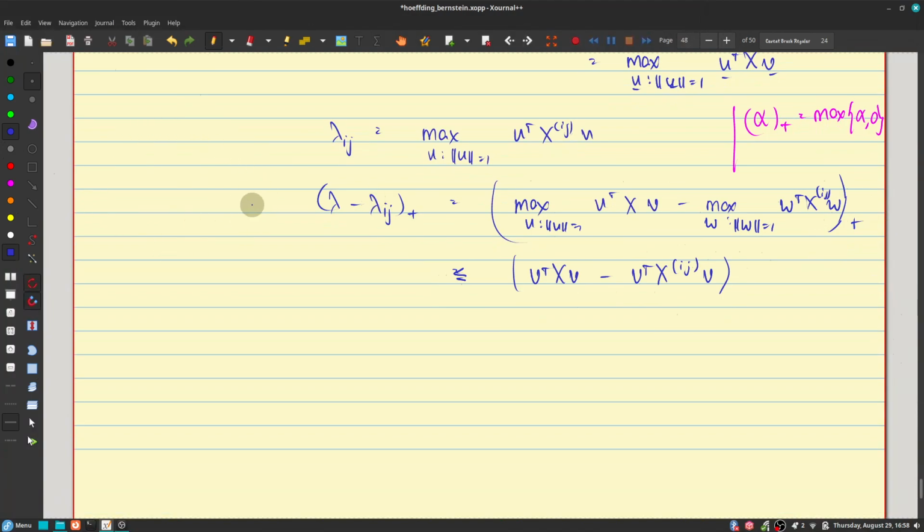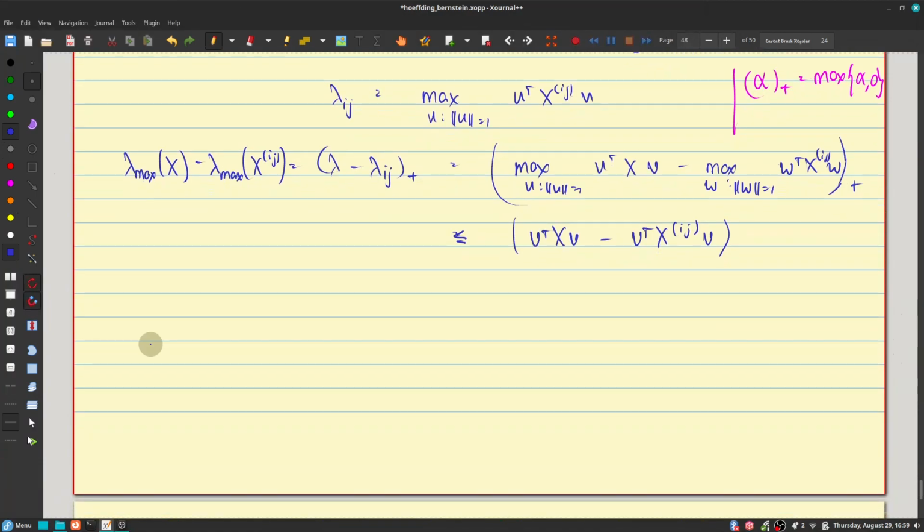So lambda ij is essentially lambda max of X minus lambda max of the matrix Xij. Okay, this is fine so far, because this is equal to the maximum of this minus the maximum of this.